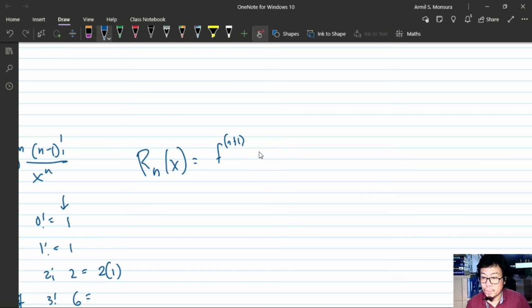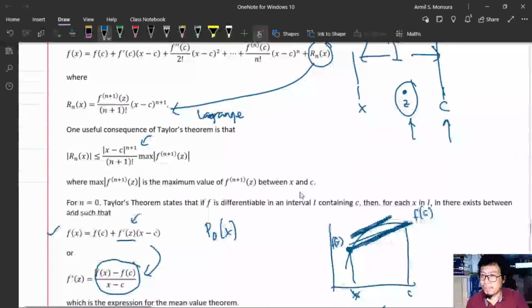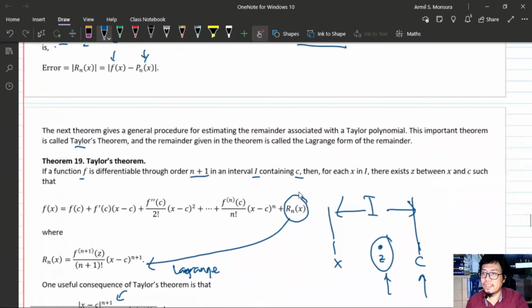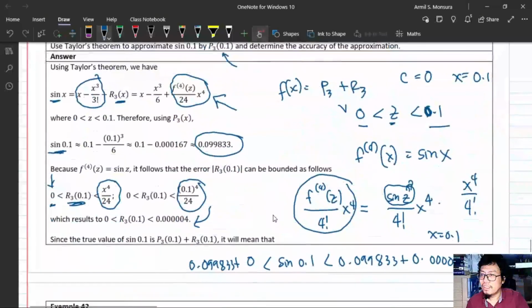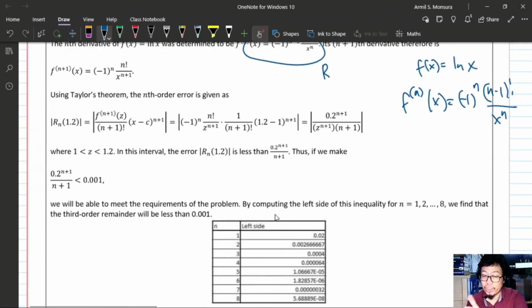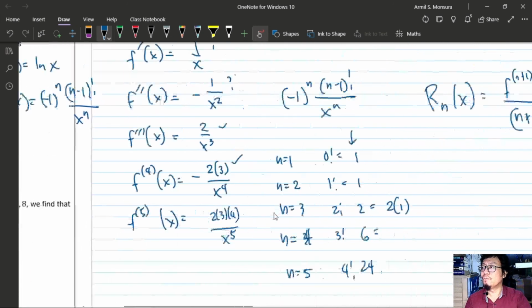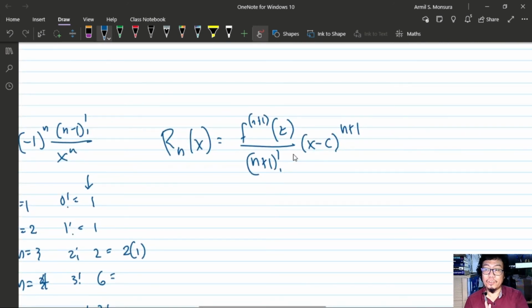The n plus 1 derivative of the function at z over n plus 1 factorial, times x minus c raised to n plus 1. We can take a look at Taylor's theorem. So that's the remainder.